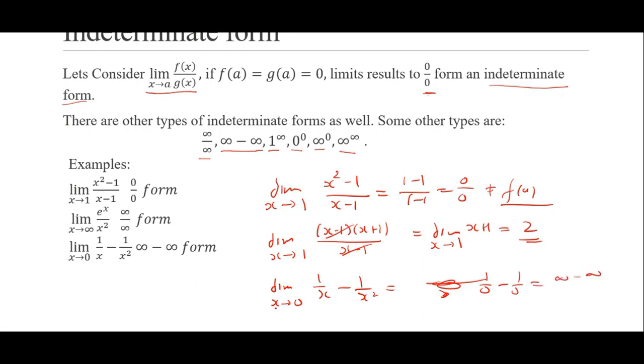Yes, we can solve this: take the LCM, it comes to be (x − 1)/x². Now if you evaluate it, it will give you minus infinity. So from here you can find the answer. So these forms are named indeterminate forms.